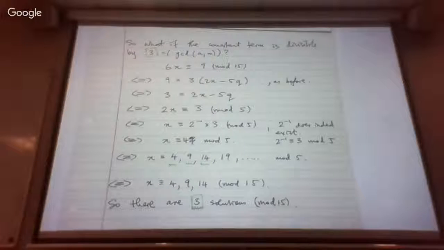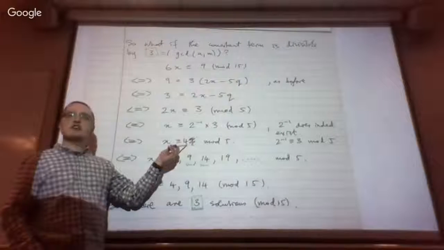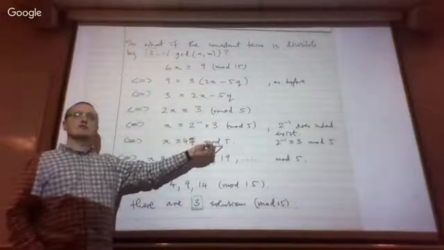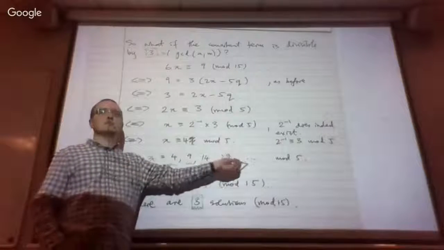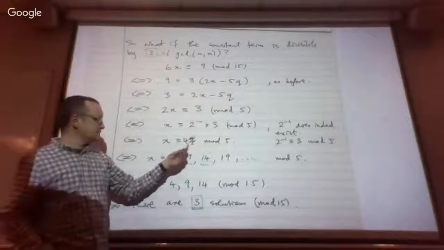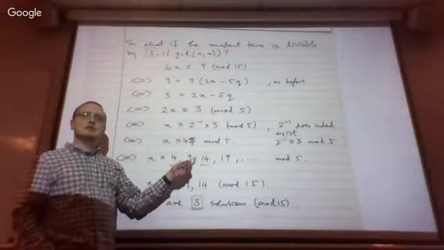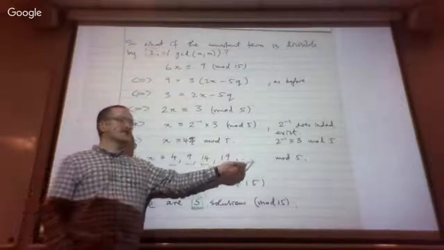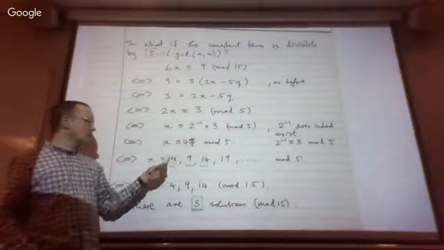Sorry, do you have a question? So 4, 9, 14: what I was doing here was investigating some of the other integers in this congruence class of 4 modulo 5. I was looking at some of the other representatives of that congruence class, so I'm just adding multiples of 5 onto 4. 4 goes to 9. All of these numbers, you could continue this list, are congruent to 4 mod 5.